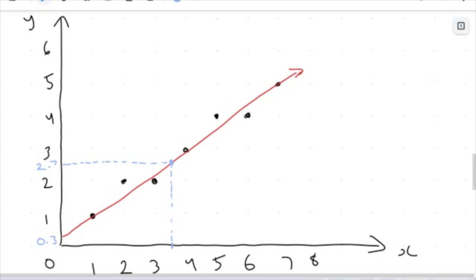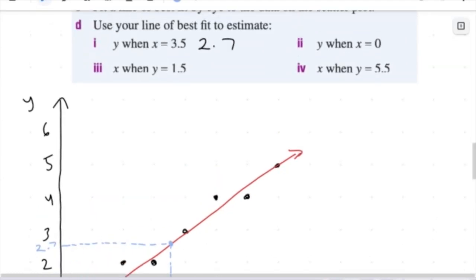Now remember, these are just approximations. So the line of best fit, it's not a foolproof measure. It's really just looking at determining trends between two variables and then using this to make some predictions. Now that's about, we said 0.3.